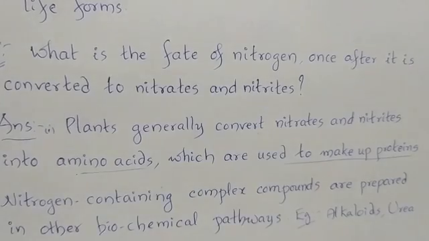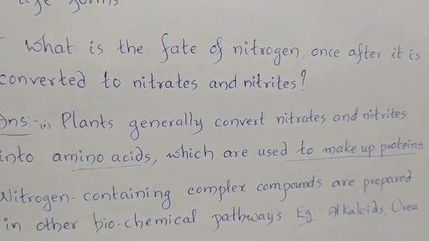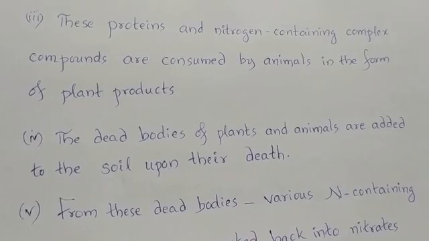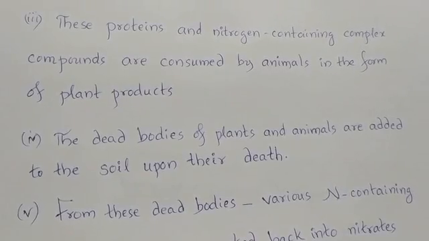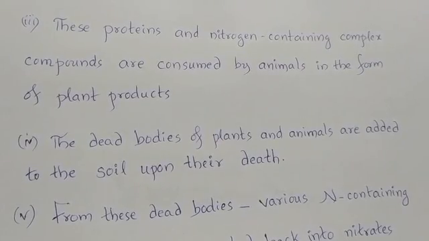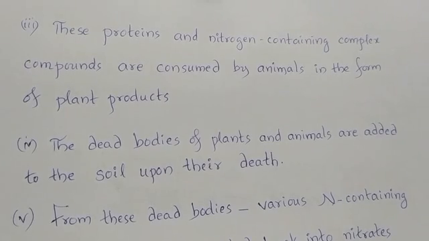What are those nitrogen containing complex compounds? Alkaloids and urea. So, nitrates and nitrites are utilized for what? To prepare proteins and to prepare nitrogen containing complex compounds.